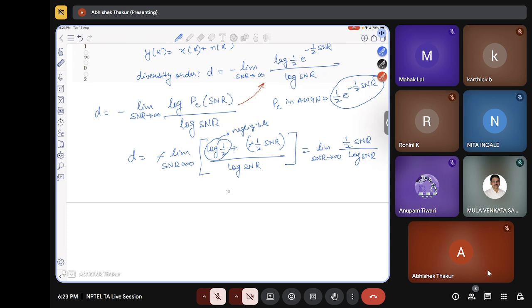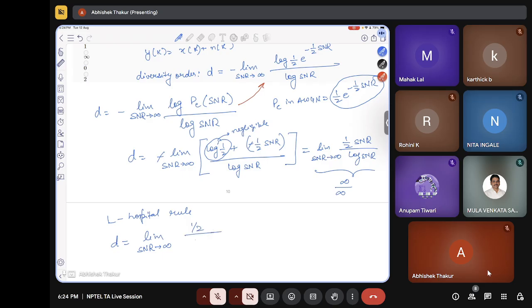And we know here it is, this is the limit of the form infinite by infinite. So we will use L hospital rule. So D is equal to limit SNR tends to infinite, and we'll take the derivative of numerator and derivative of denominator.